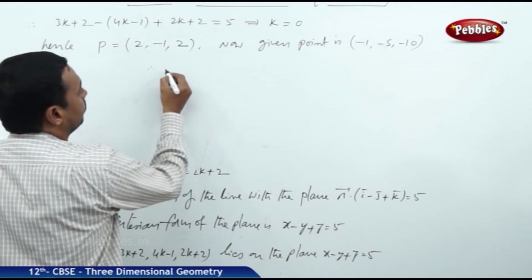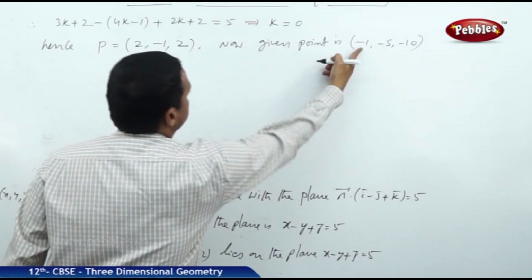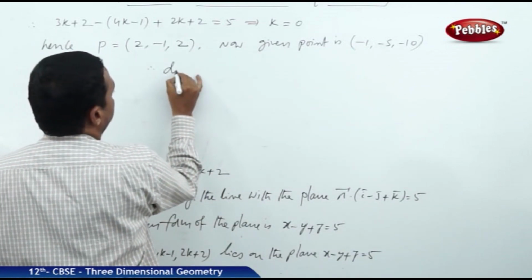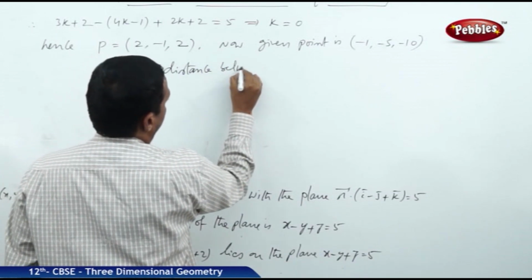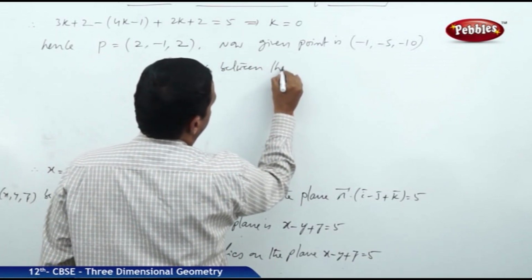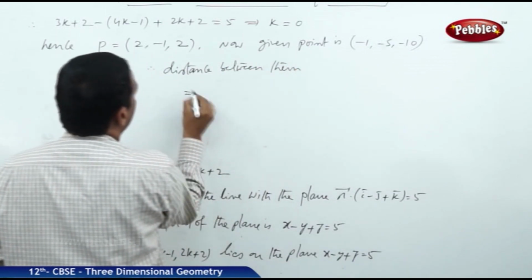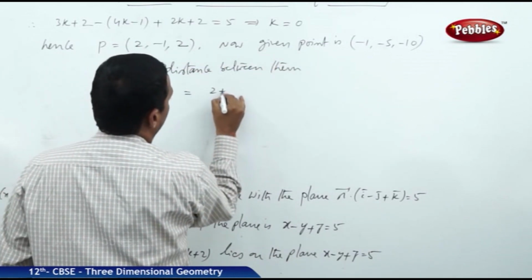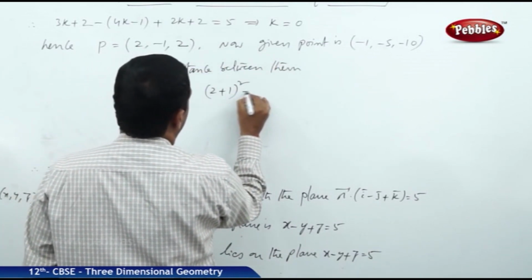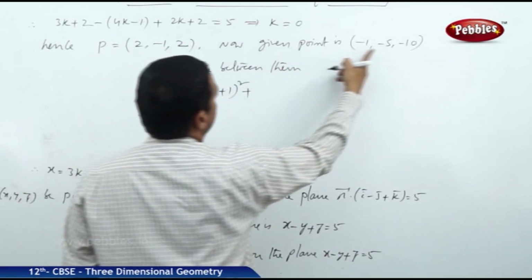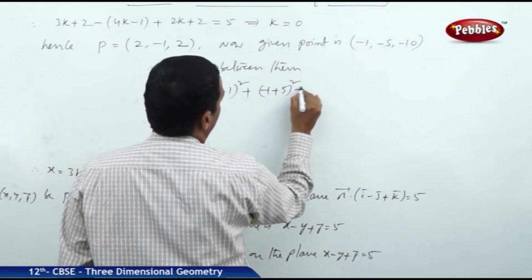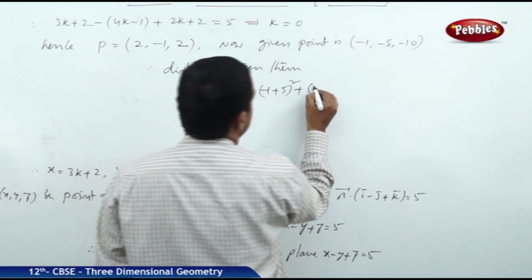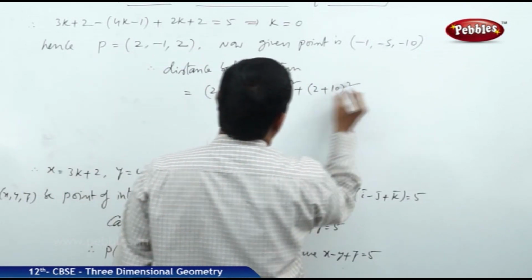Here the distance of this point from this point is equal to the distance between them. The distance between them is equal to the square root of (2 plus 1) whole square plus (minus 1 plus 5) whole square plus (2 minus 10) whole square.